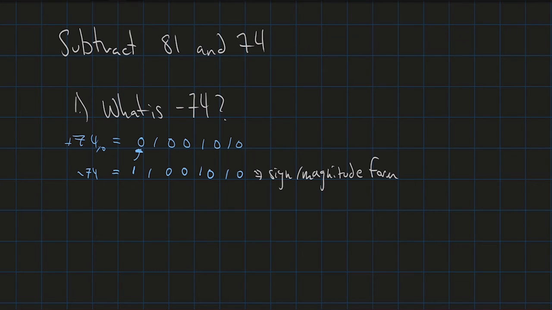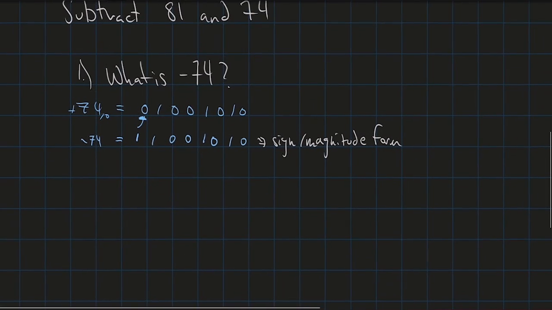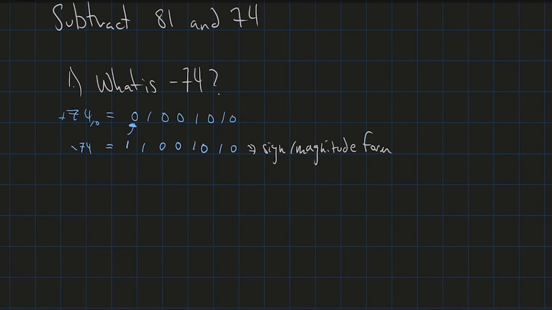Okay, this doesn't actually make it easier to add 81 and 74. So we're gonna use a different way to represent negative numbers called 2's complement.